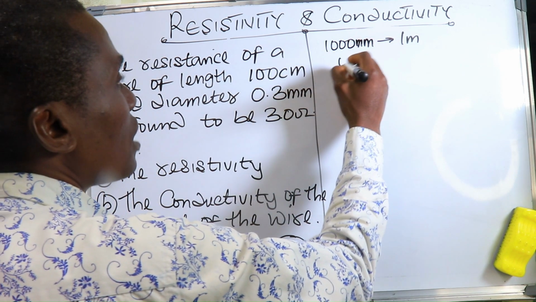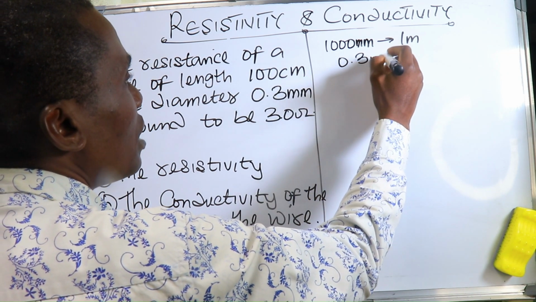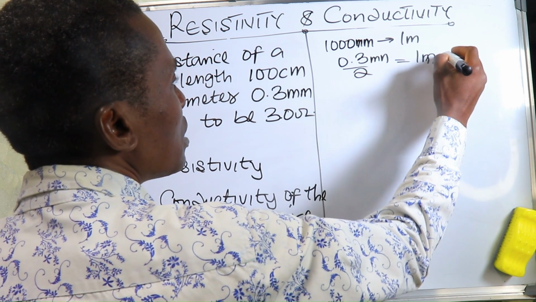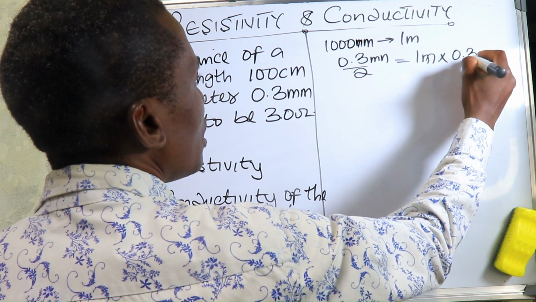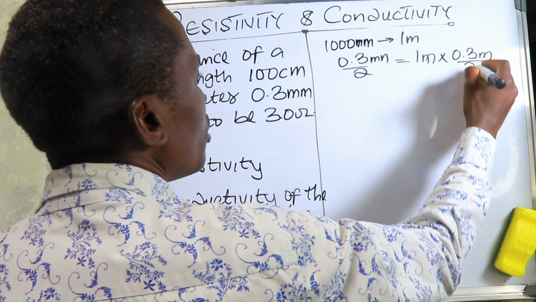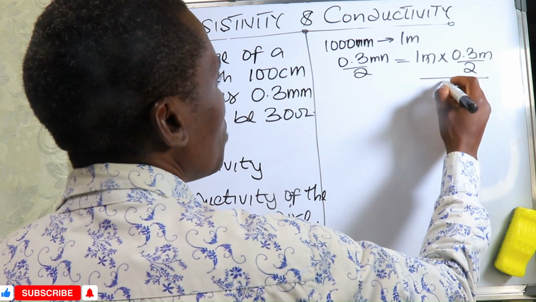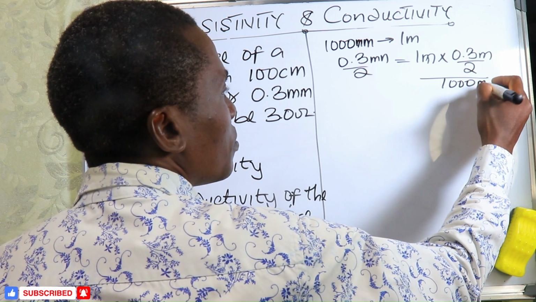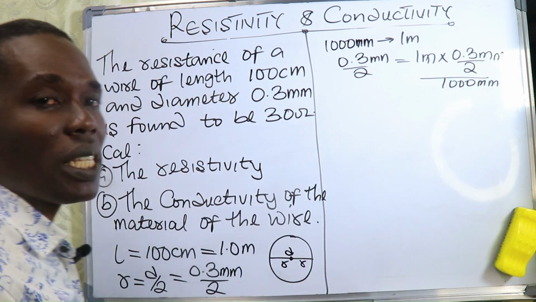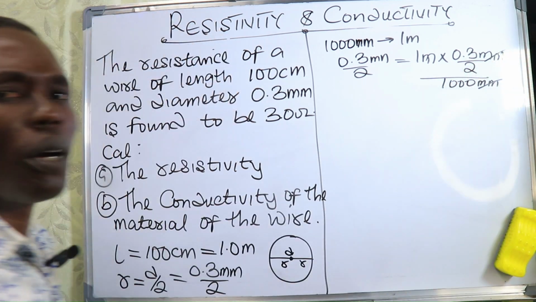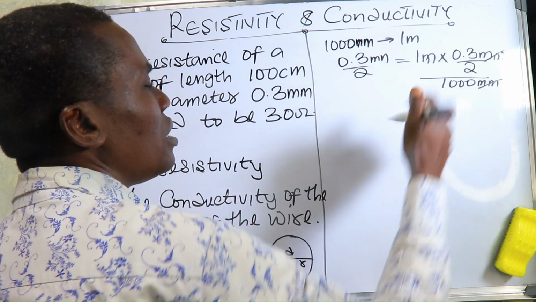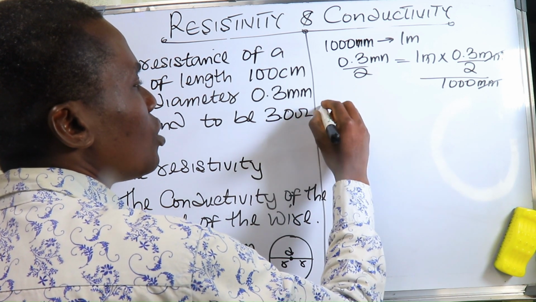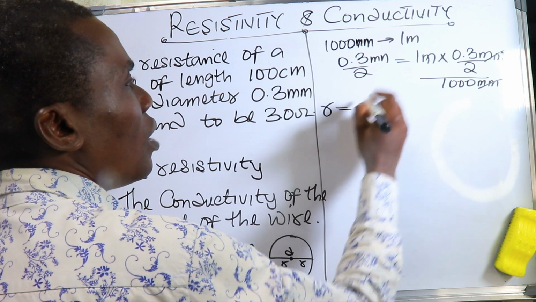So 0.3 millimeter divided by 2 would be equal to 1 meter times 0.3 millimeter divided by 2, all divided by 1000 millimeter. So the millimeter will cancel millimeter, and what remains is this times this, and that will give us our radius.